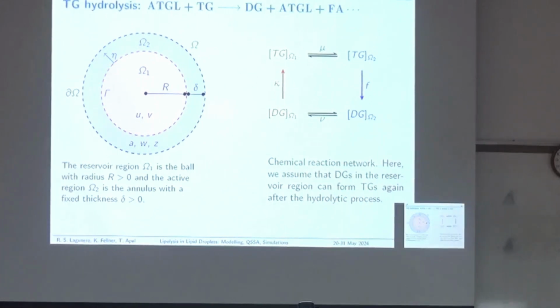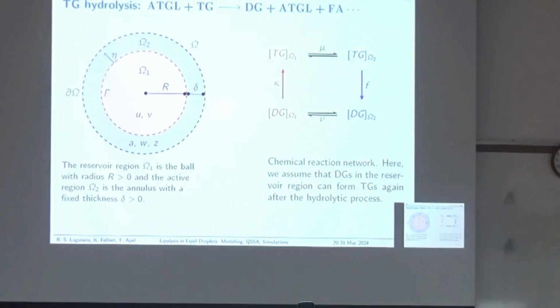The enzyme attaches to the surface and attracts the triglycerides from the reservoir to near the surface. So we said that all of the chemical reactions, all of the breakdowns, everything happens in a thin region, which we call the active region.